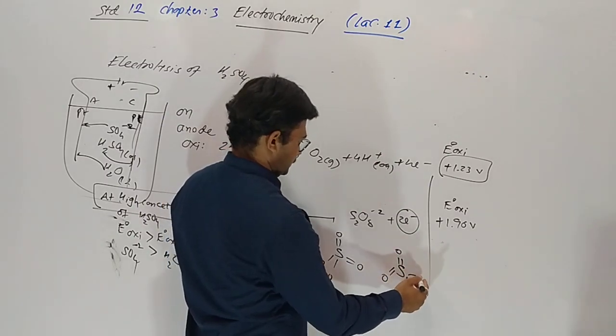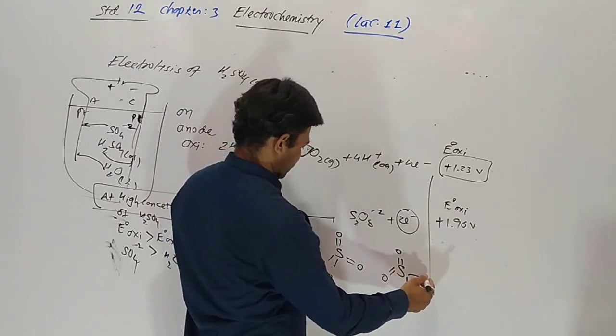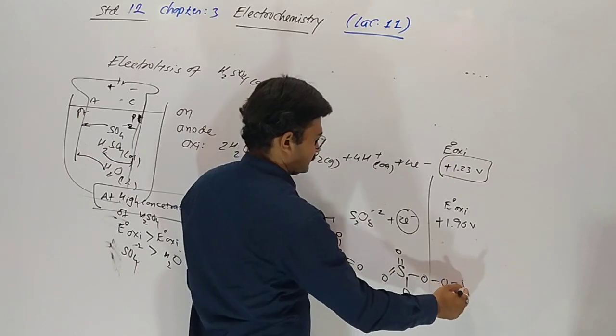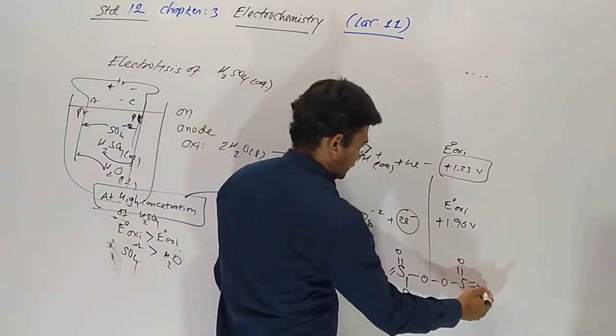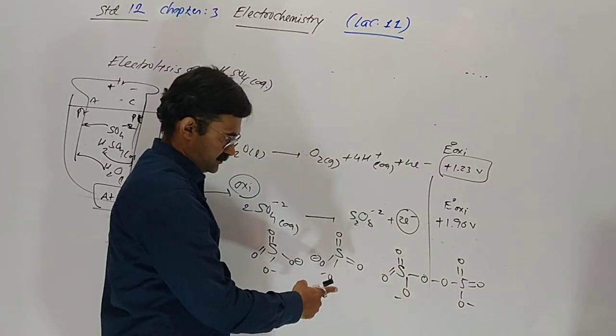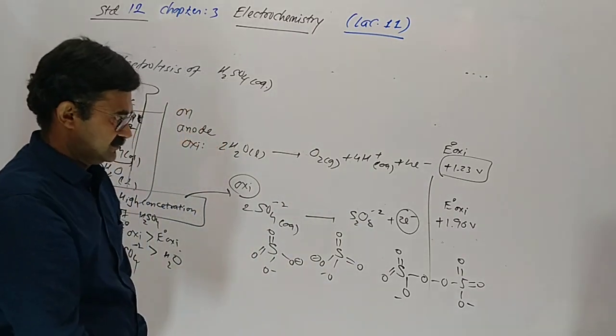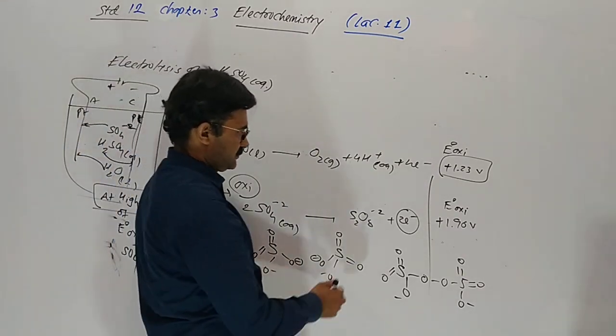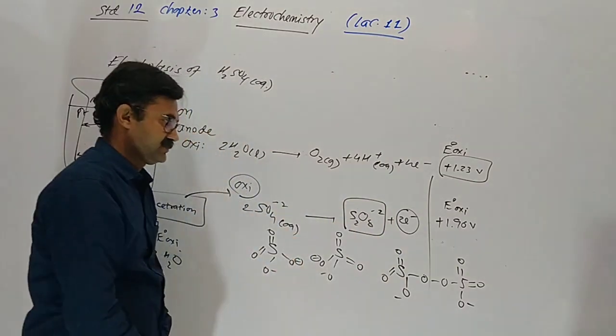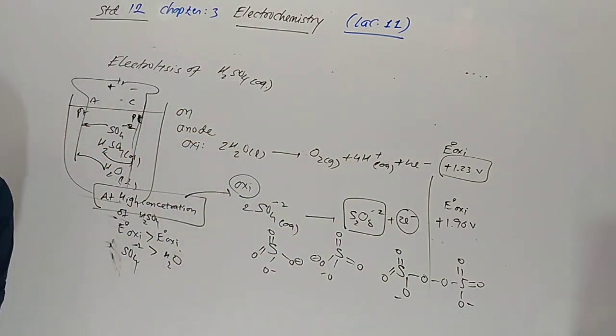So it gives S2O8 2 minus. Understood? For dilute sulfuric acid, the first reaction occurs. For high concentration, the second reaction occurs. Understood?